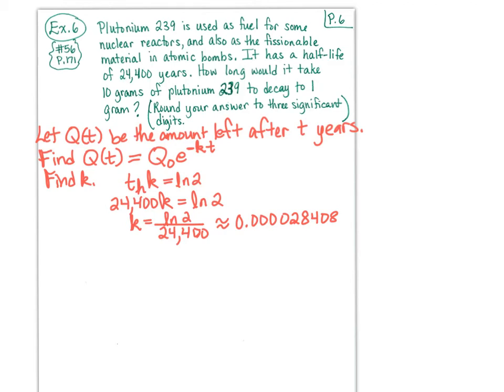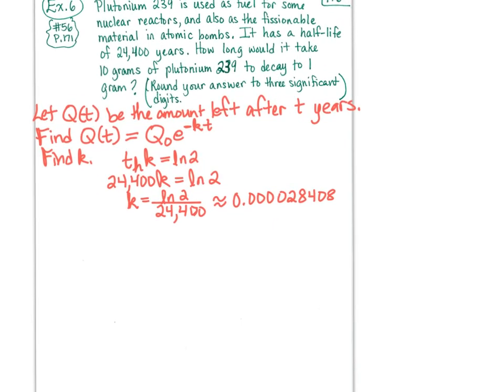Now, Q of T, we can use that to help us find our function. So Q of T is equal to Q naught e raised to the negative K, but hey, K we just found, so that's 0.000028408 times T.